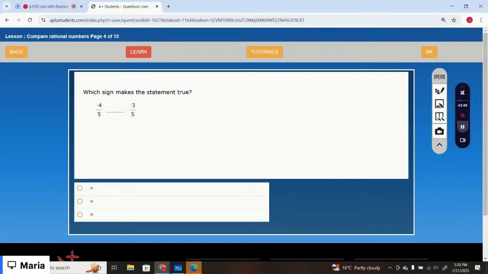Which sign makes the statement true? Negative 4 by 5 and negative 3 by 5. So which is the correct option?